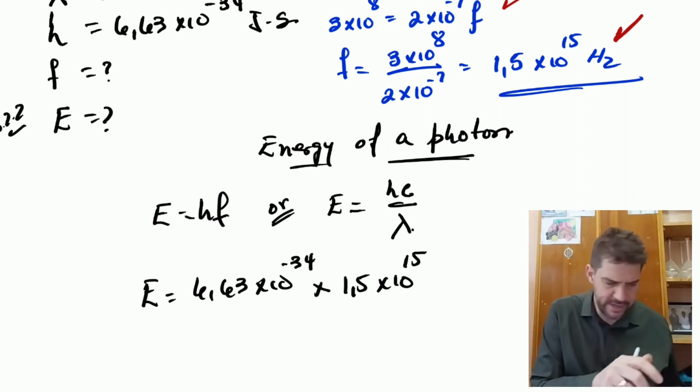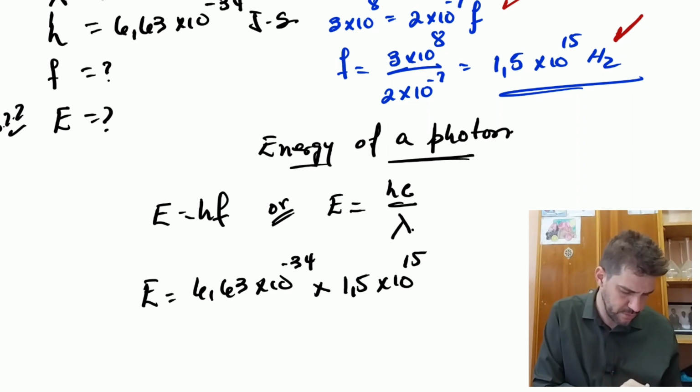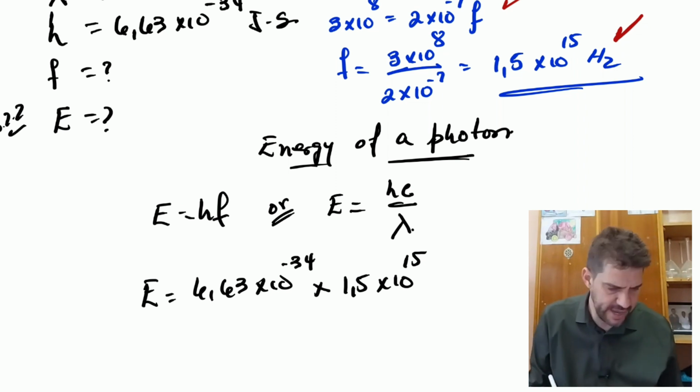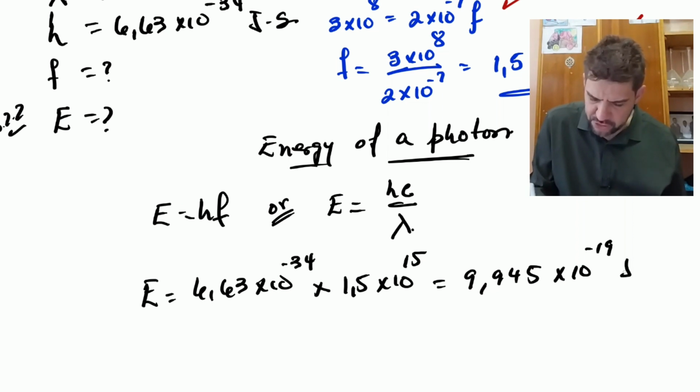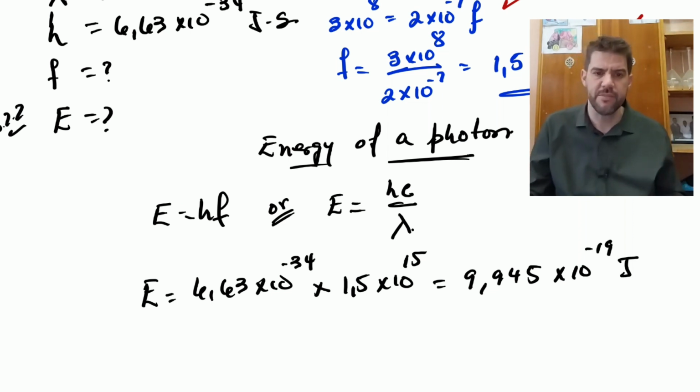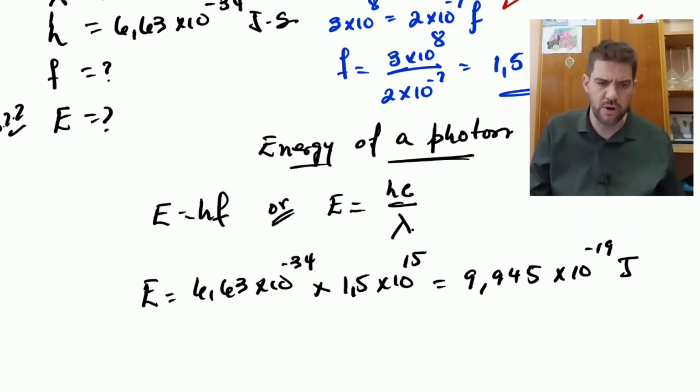So if I calculate, I get that the energy is equal to 9,945 times 10 to the minus 19 joules. That is the answer I get in this question 3.2.2, guys. I hope you are with me in here. Okay.